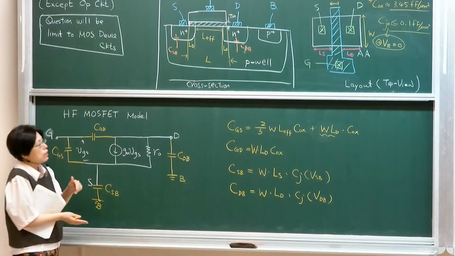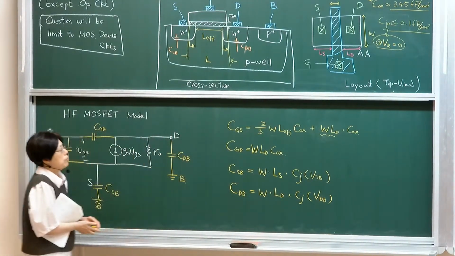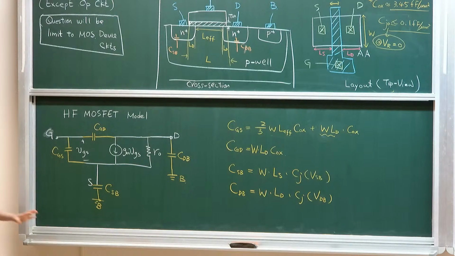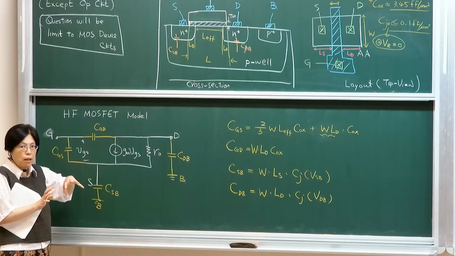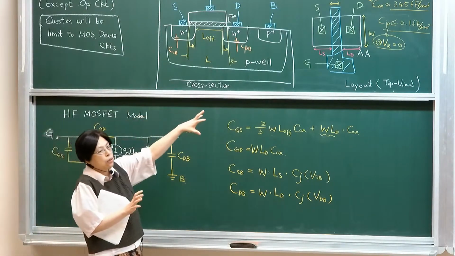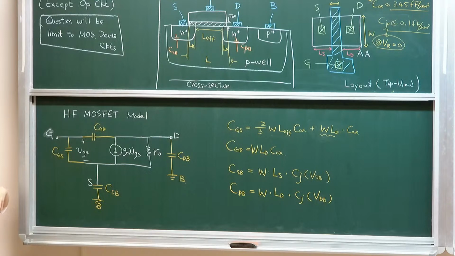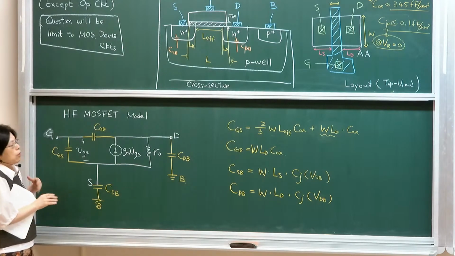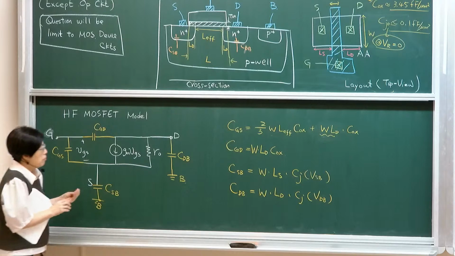So the highest you can get is CJ0 at this parameter. Okay, as I said, for these parameters, you can only get a precise number once I have a layout. So what we typically do is called post-simulation. Once you have your layout, then you can determine what these parasitic components are, and it will give you more precise simulation results.